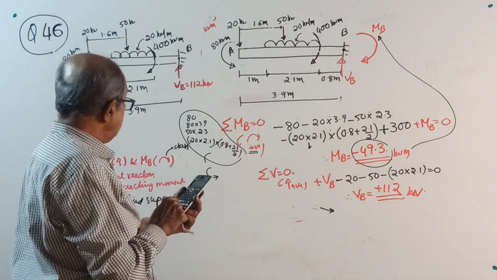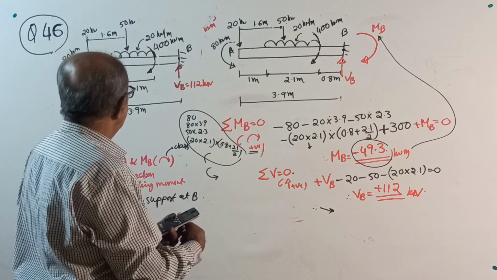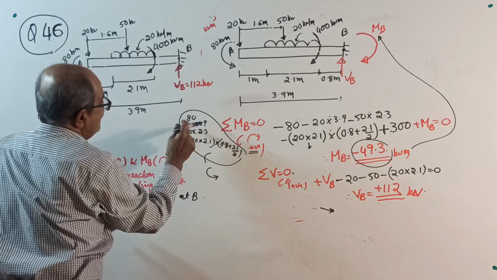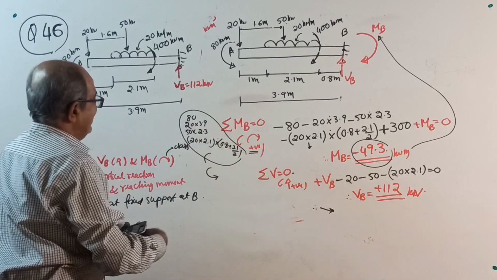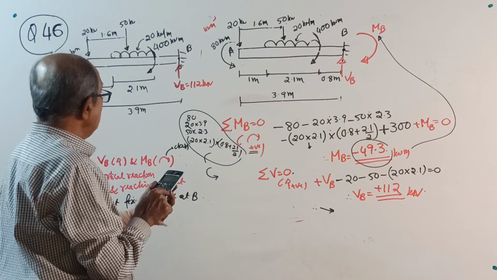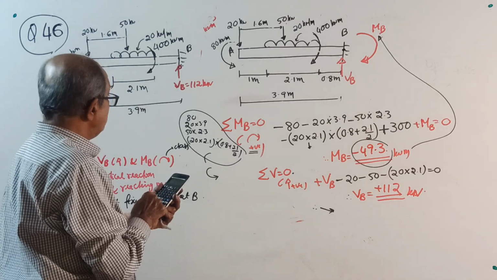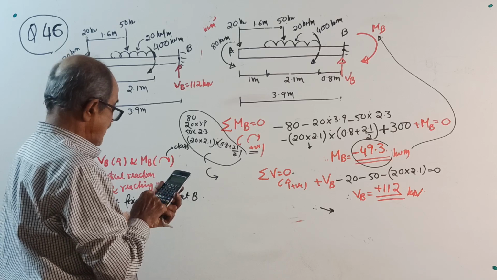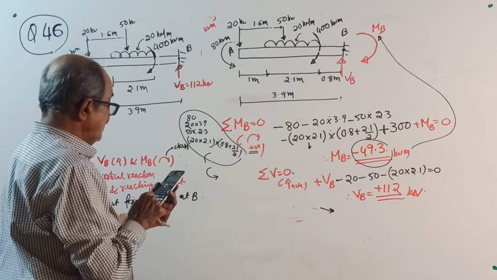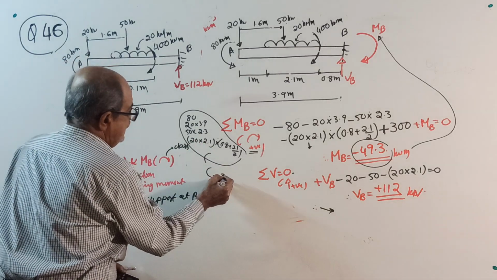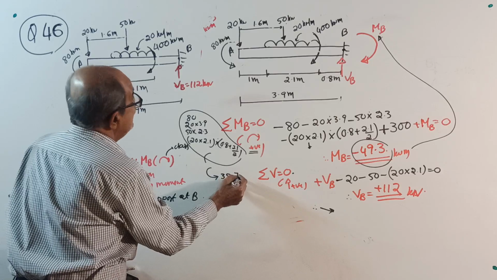80 and then plus 20, oh see, this is not 8, this is 20, 20 into 3.9. Otherwise wrong answer would have come. 80 and then 20 into 3.9, 50 into 2.3 and 20 into 2.1 into 0.8 plus 2.1 divided by 2 is 350.7. Net is 350.7.